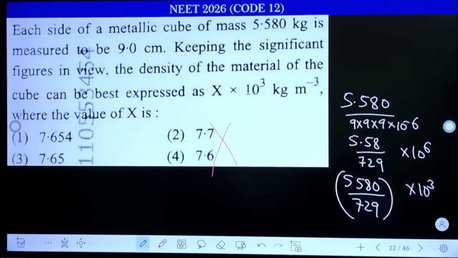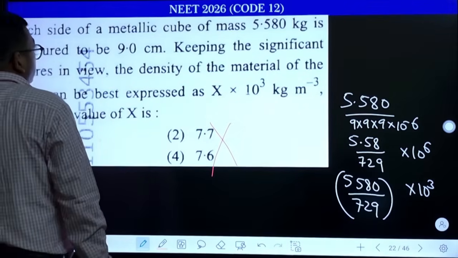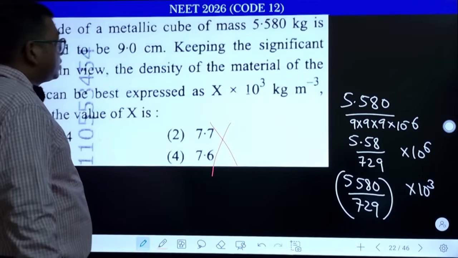We need to see the significant digits. How many? There are two significant digits here, and there are four significant digits.